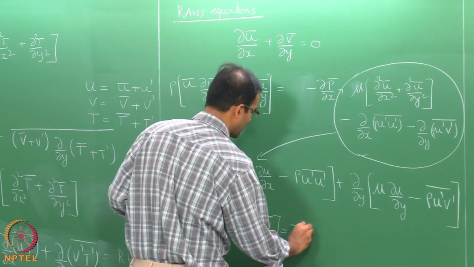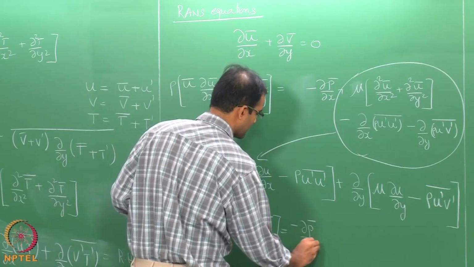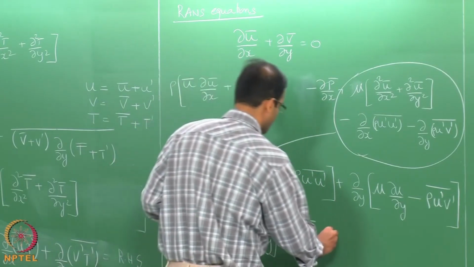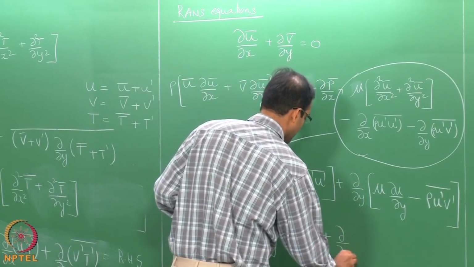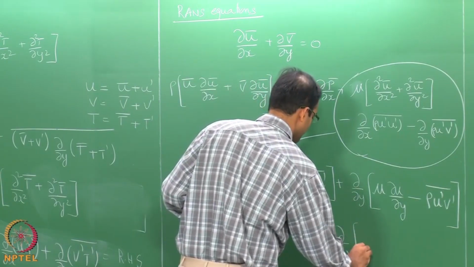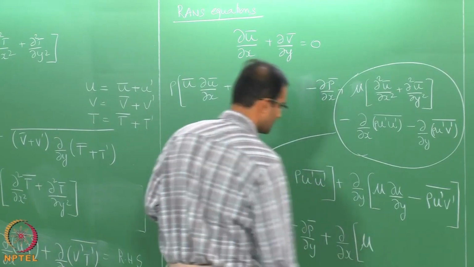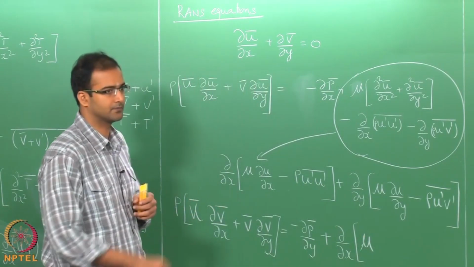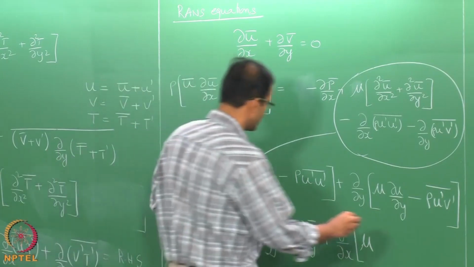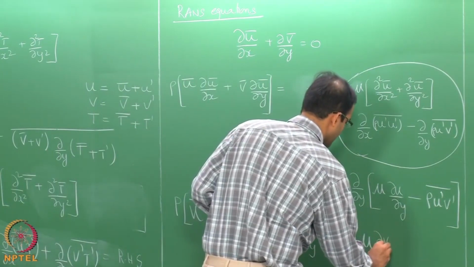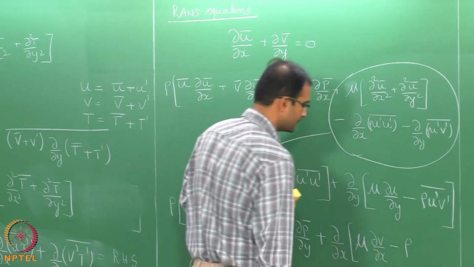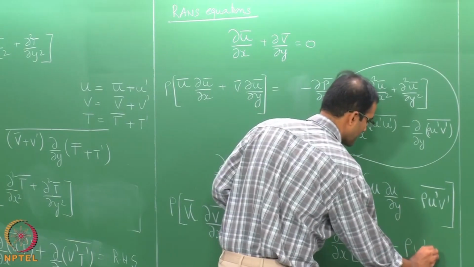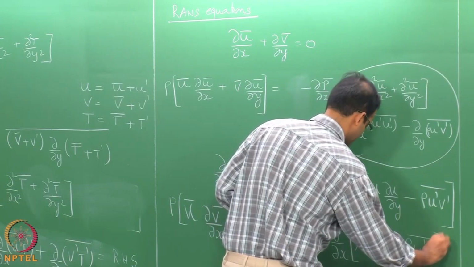On the right hand side we have minus dp bar/dy, plus again d/dx of mu into dv/dx minus rho into u prime v prime bar.